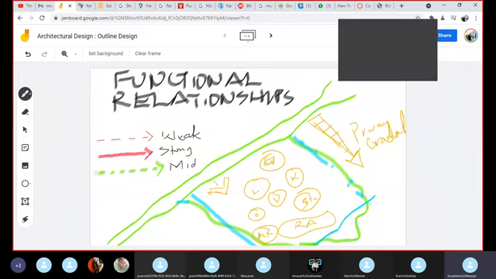Then the next step is you develop a legend, which shows the different levels of relationship that two or three spaces may have. It may be a weak relationship, a strong relationship, or a mid or average relationship. So based on that legend, and you already have these spaces, and your main entry point being this area here, the next question would be, what relationship exists, for instance, between the lounge and the dining? Is it weak? Is it strong? Is it average?